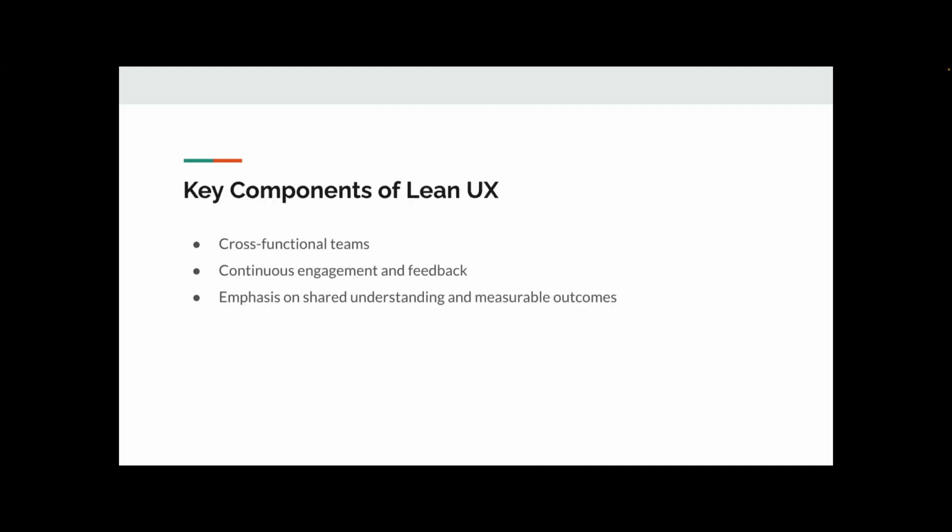Okay. Now, the key components of lean UX consist of different things, right? It's basically cross-functional teams who are going to develop the product. So if you have a SaaS-based product, you have a designer, a front-end developer, a back-end team, and a DevOps team who are going to deploy this application.